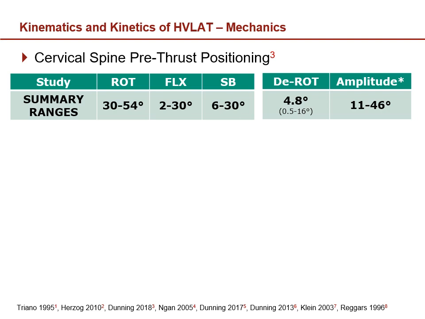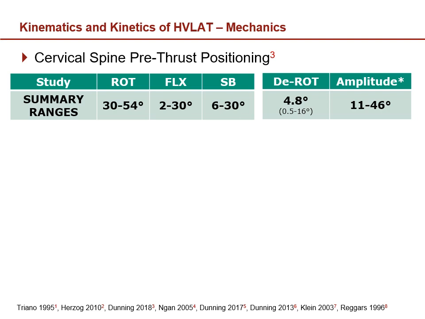Side bending, as I mentioned, whatever your primary lever is may dictate how much side bending there is. Derotation, anywhere between 0.5 and 16 degrees with a mean of about 5. Amplitude of the thrust is going to be between 11 and 46 degrees. So derotation displacement is significantly correlated with the following: thrust displacement, thrust velocity, and peak thrust acceleration.